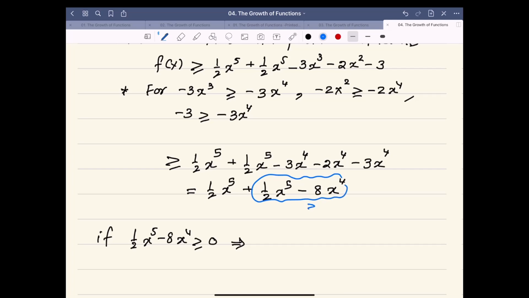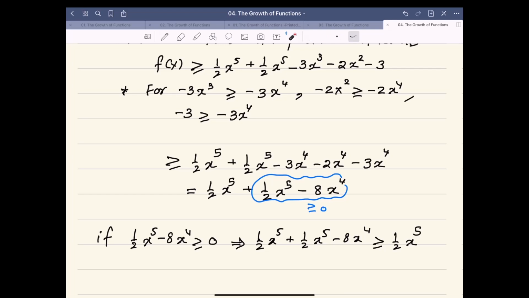If you can prove that this is greater than or equal to 0, so you have one number plus another positive number, then definitely this expression, which is half x raised to power 5 plus half x raised to power 5 minus 8x raised to power 4, is greater than or equal to only this part, which is half x raised to power 5.